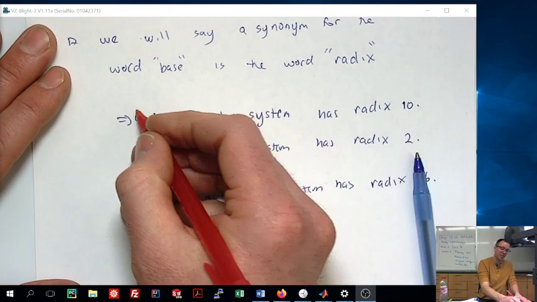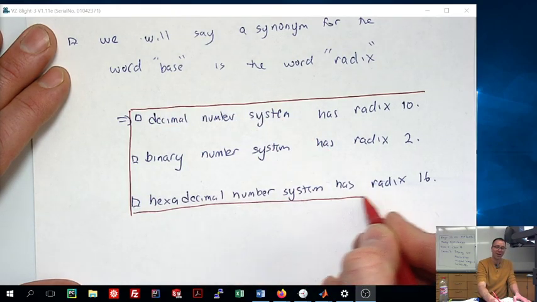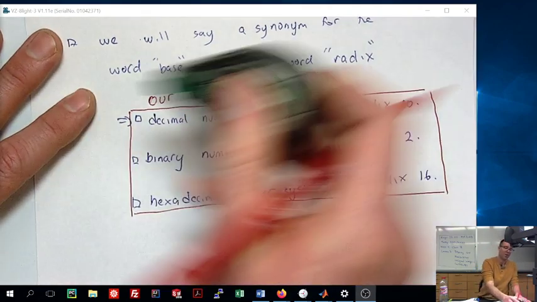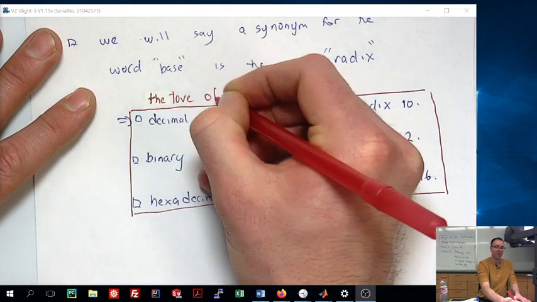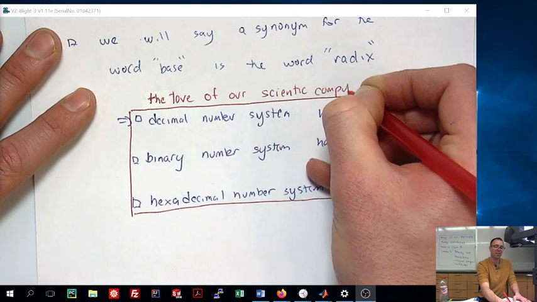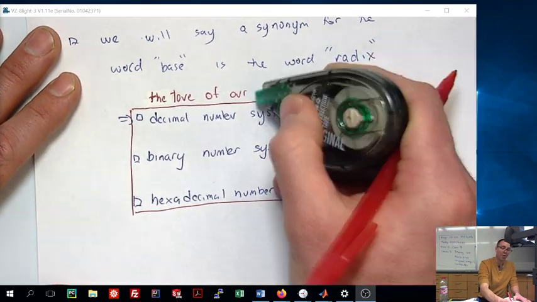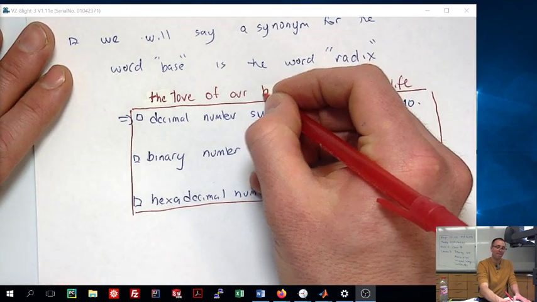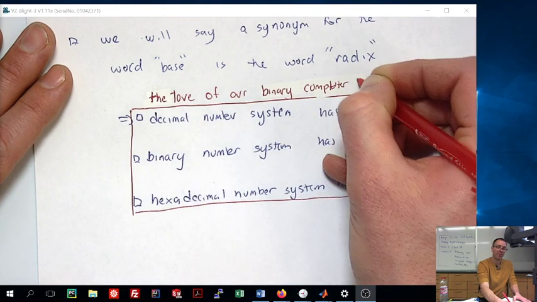These three number systems are going to be our Valentines. Should we call these the love of our scientific computation life? Actually, a more appropriate term might be our binary computer life.